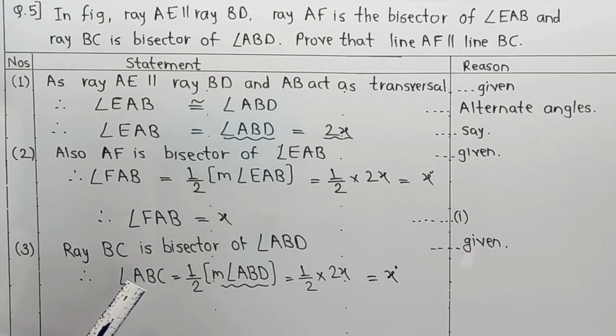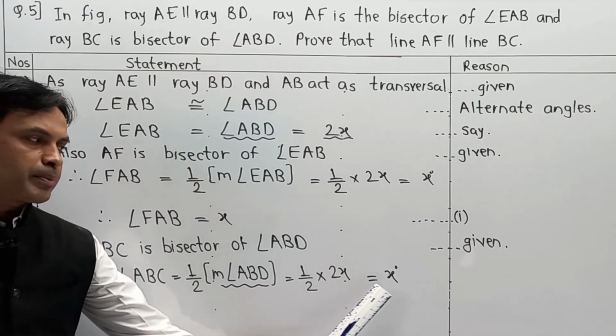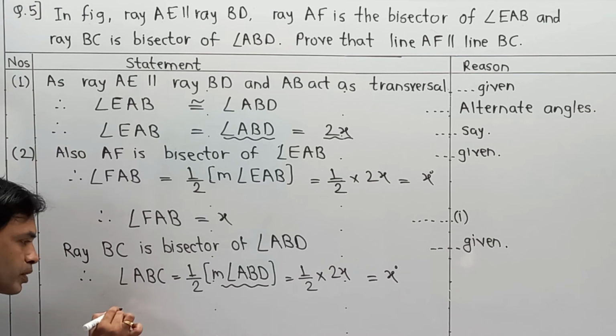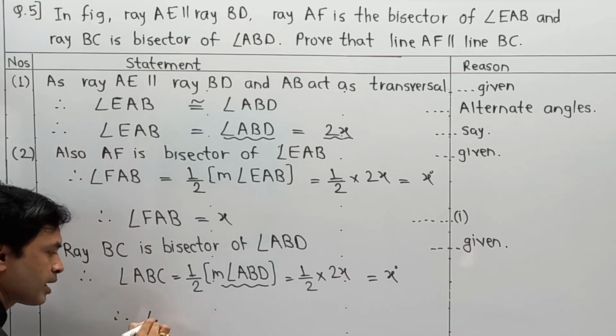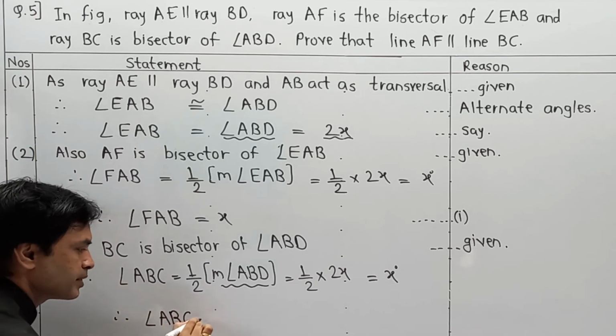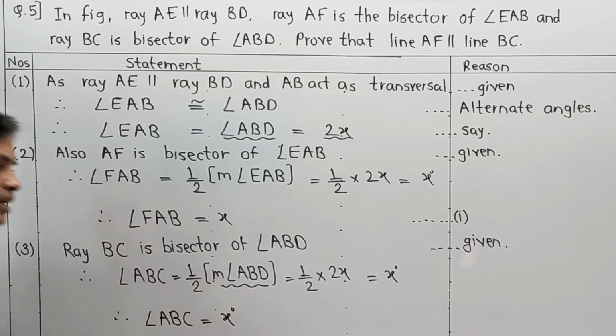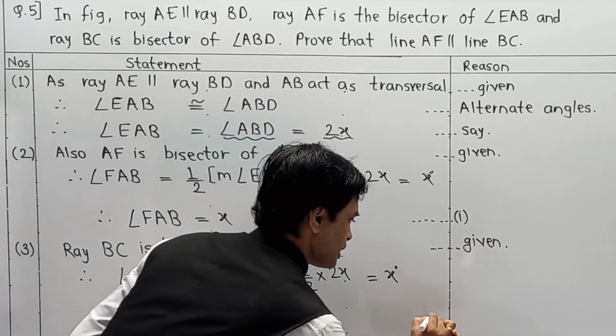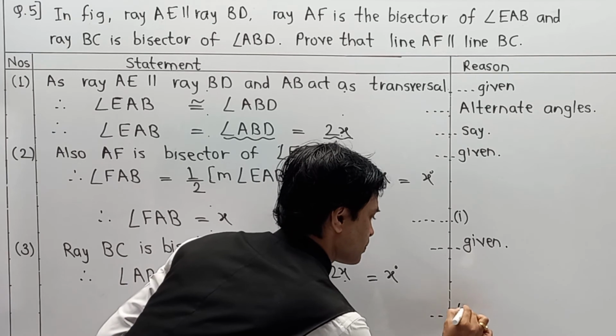So the value of ABC becomes x degrees. Therefore, angle ABC is equal to x degrees. I am going to call it equation number 2.